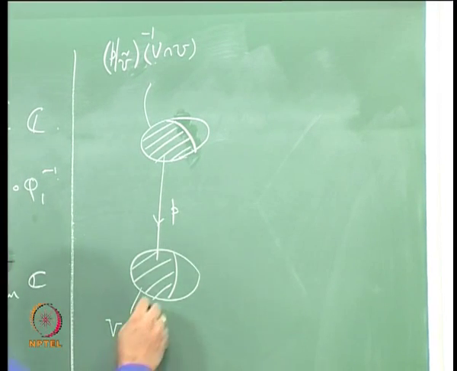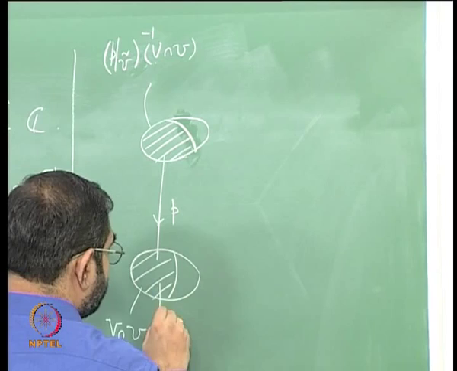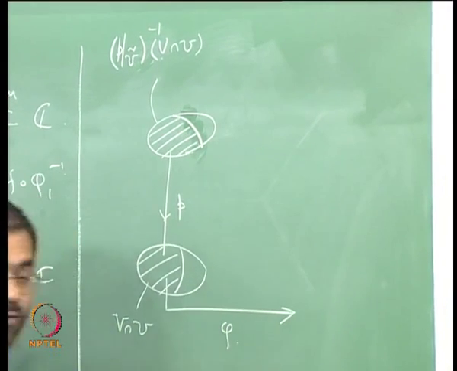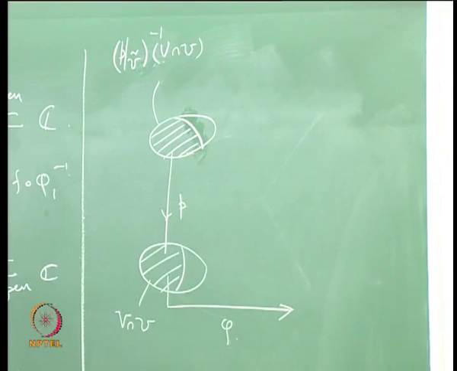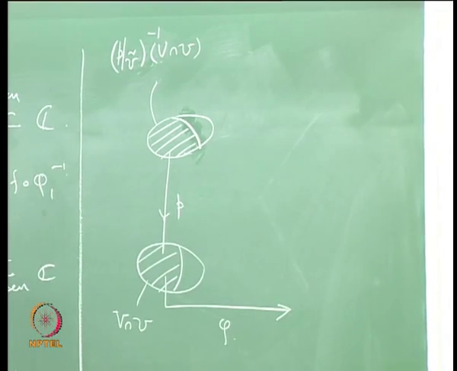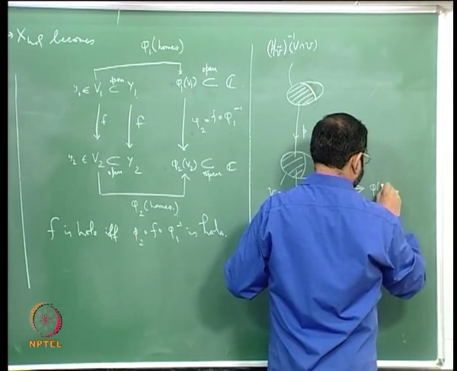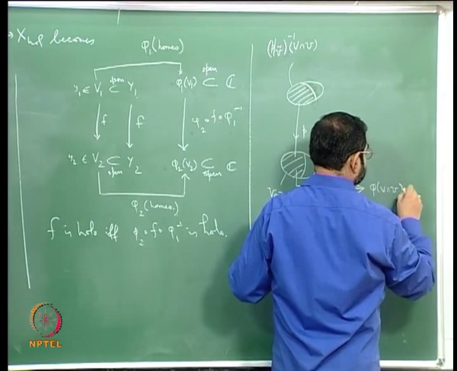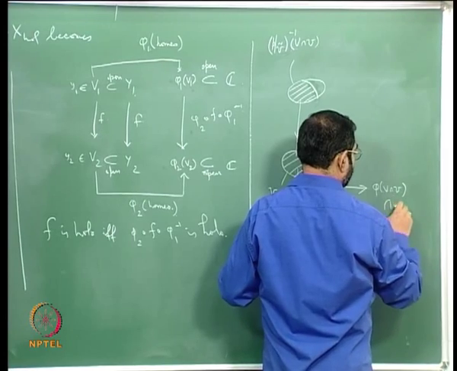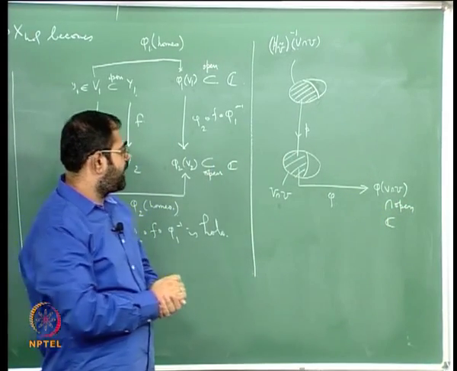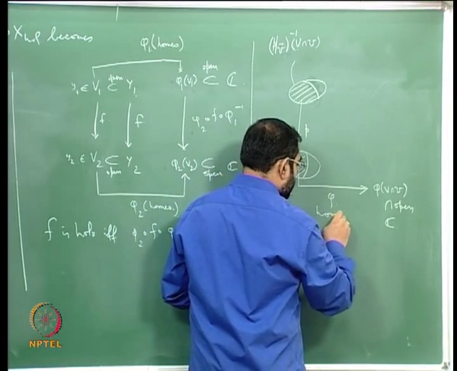And from here I have phi, which is the chart below, v comma phi is the chart below, alright, and it is going to take v intersection u to phi of v intersection u, which is of course an open subset of the complex plane, okay, and this is a homeomorphism, okay.